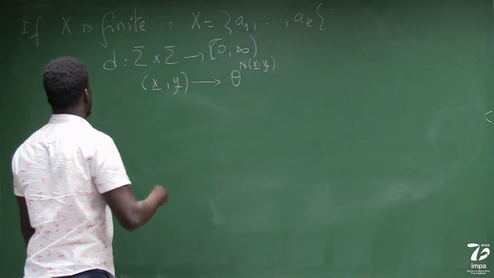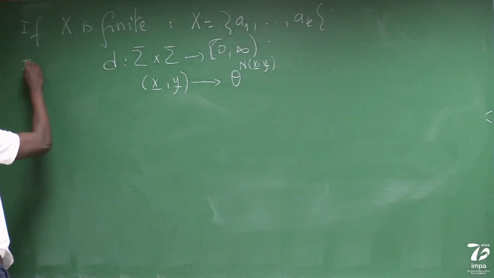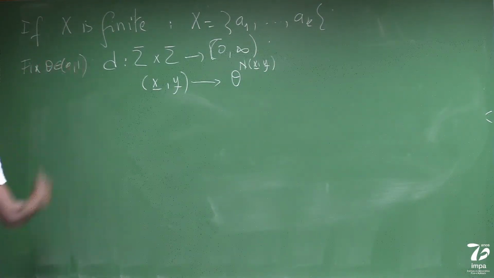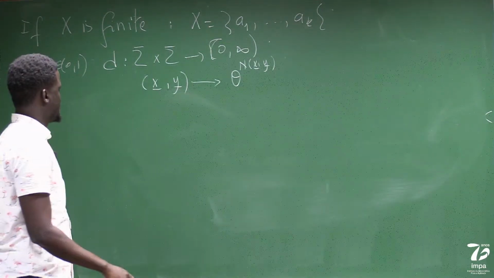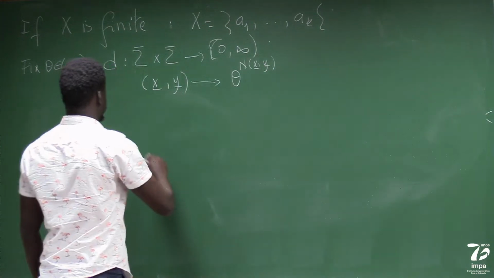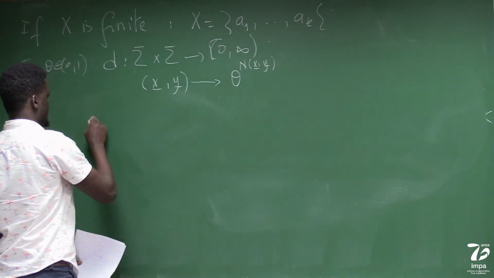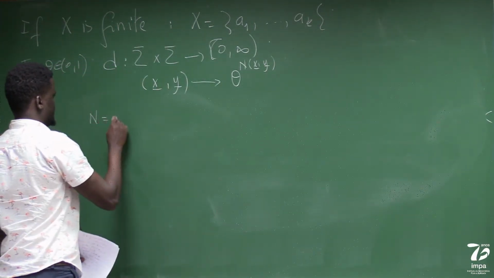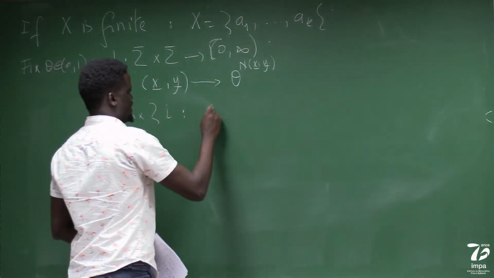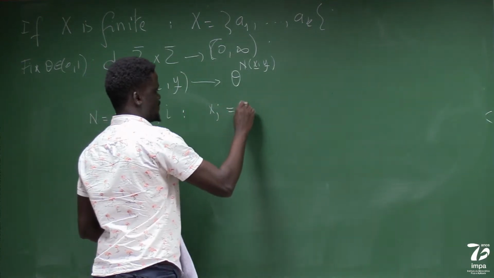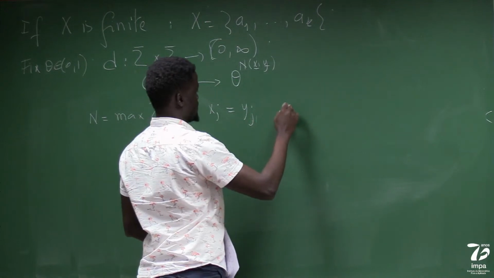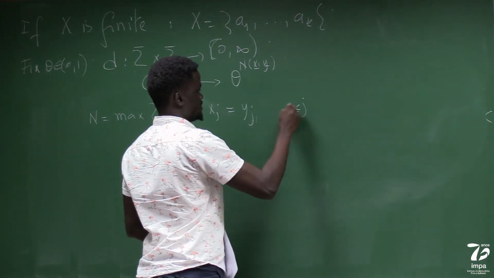You can fix any theta, so fix theta in (0,1). Let's say theta is a half, for instance, where n here is defined as the maximum of i such that xj equals yj for j between 0 and i.